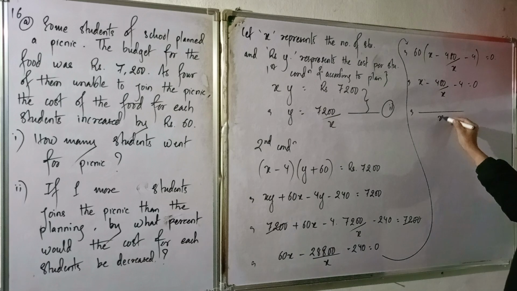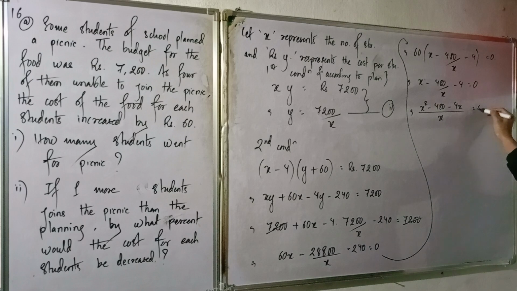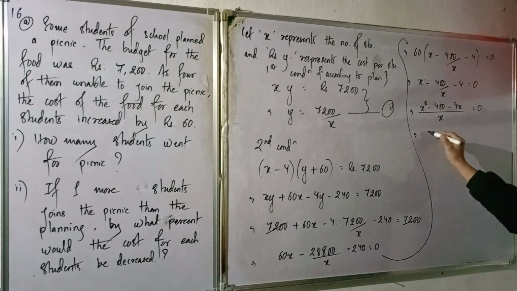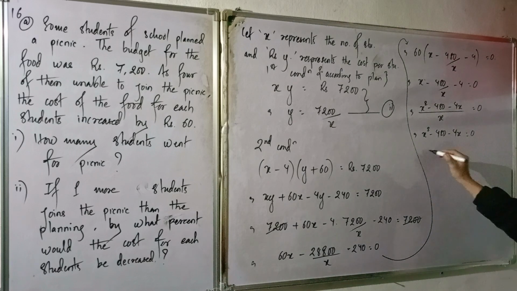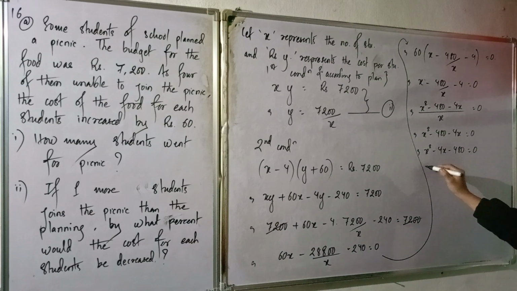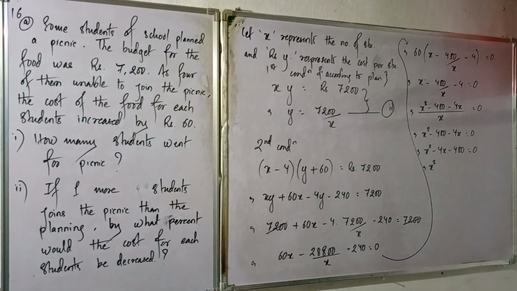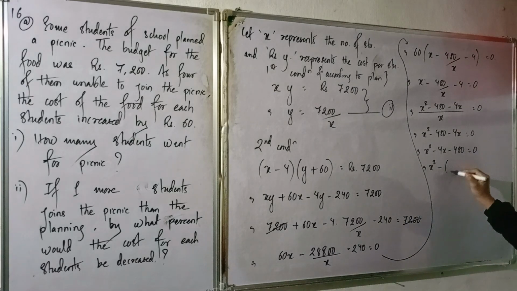Now try to take LCM here. It will become x squared minus 4x minus 480 equals 0. Now you can factorize this. 480 you can factorize as 24 times 20, and 24 minus 20 gives 4.